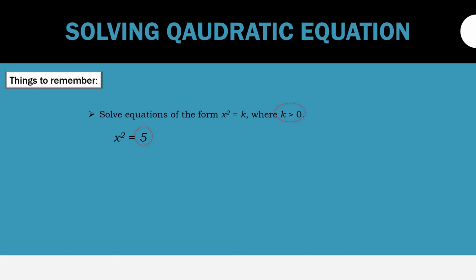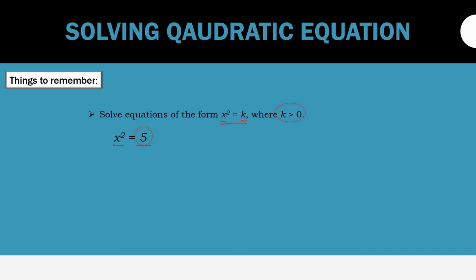Yes, k is greater than 0 because our k here, class, is 5. So meaning, it has the same form. When we solve a quadratic equation, class, it must be x squared is equal to k, where k is any number. So the x squared must be on the left side of our equation.